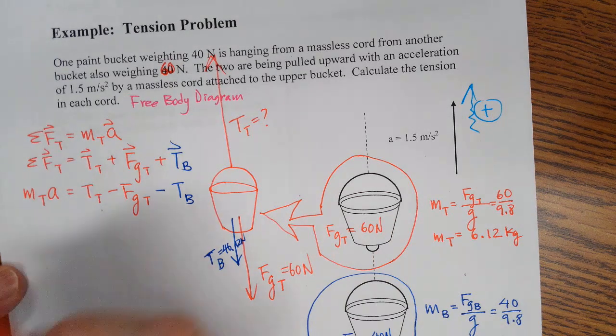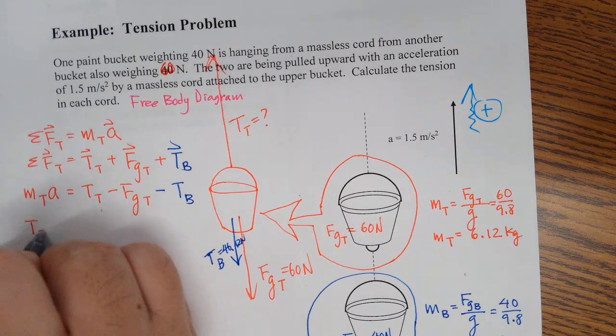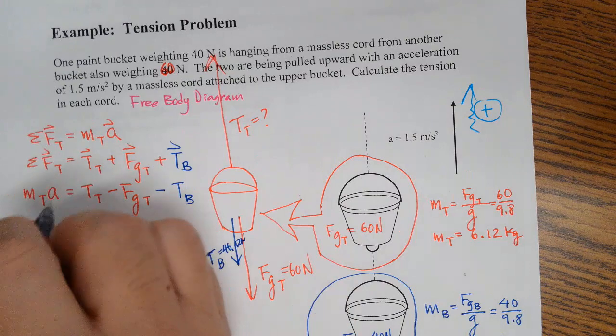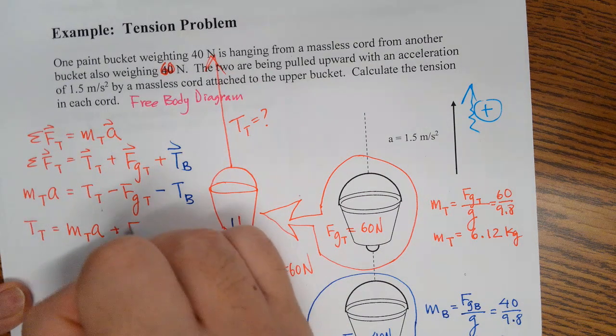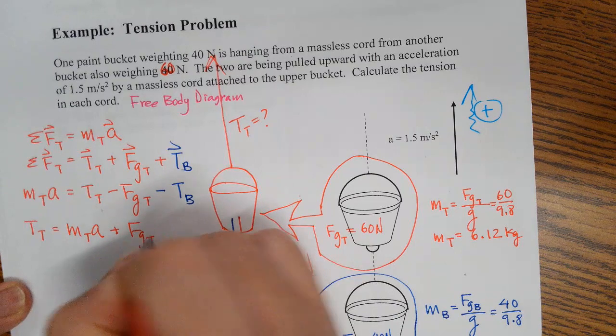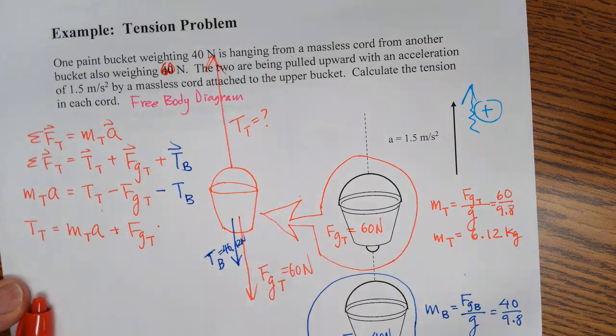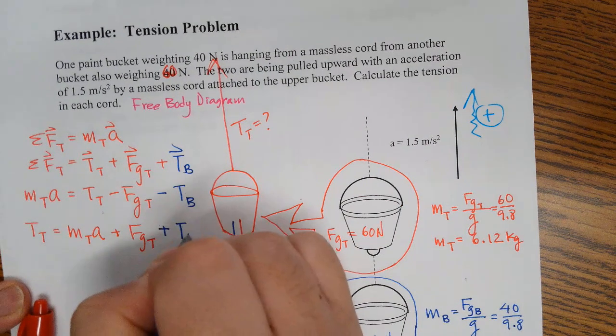So if I solve for tension top, my tension top is equal to m_t a plus Fg top plus tension bottom.